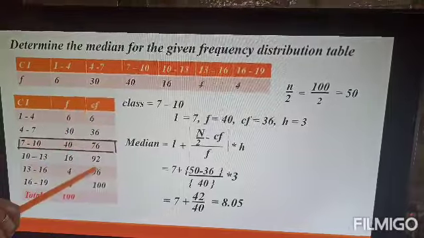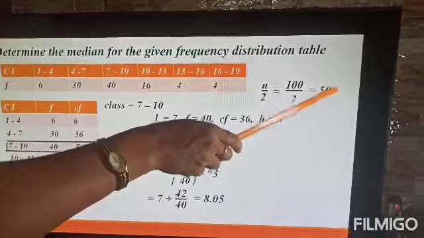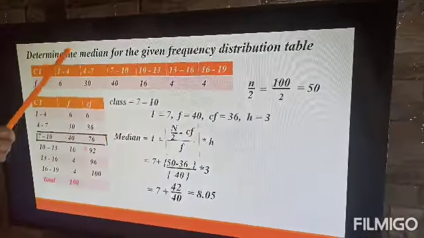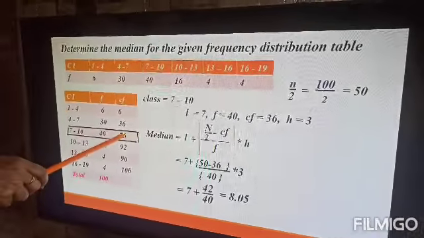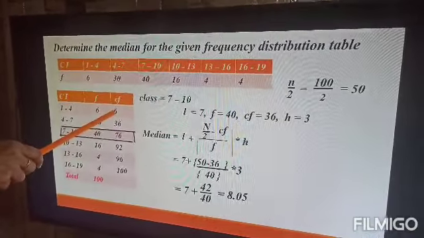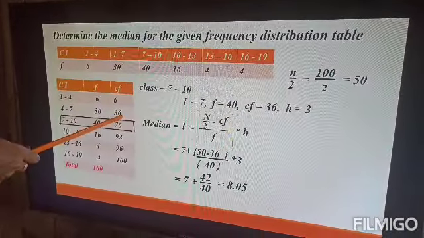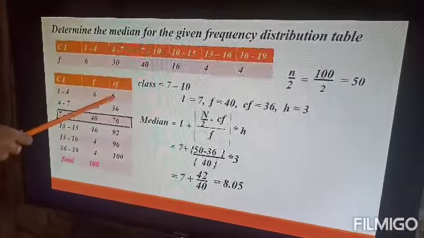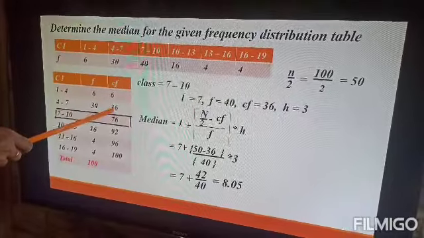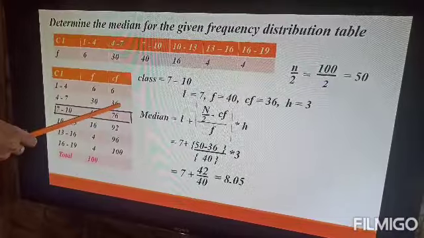From the cumulative frequency, this number 50, the N by 2 value, we have to find in which cumulative frequency it is there. See, this is up to 6. In the next, second class, 36, which means more than 6 up to 36.